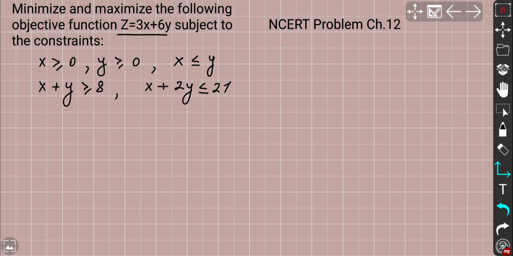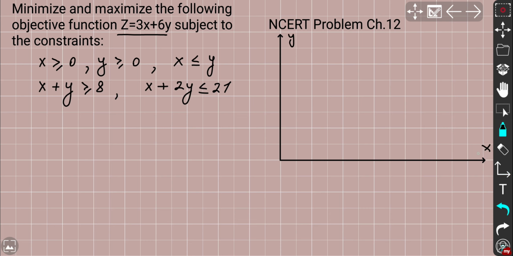I'm not going to be long-winded here, because I'm going to save my time, so I hope you understand how to build this. So I'm going to be quick. So y, x, z, and the first is x more than or equal to 0. This is the vertical line, and that's basically the y-axis.